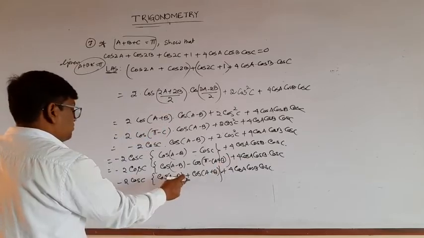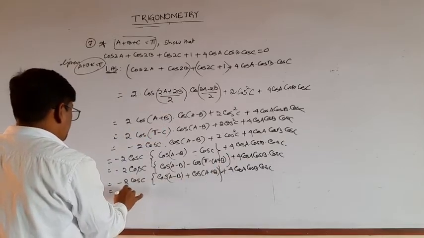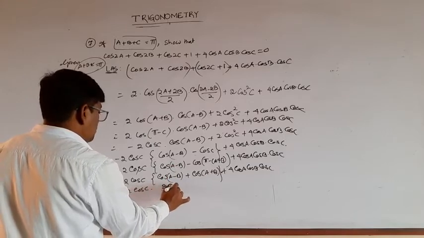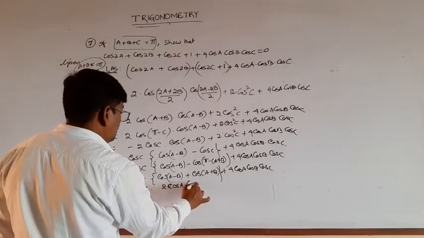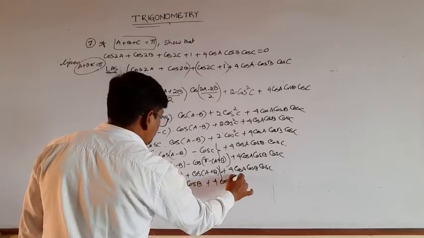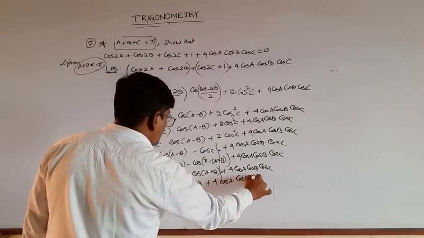Now this is the formula for 2 cos a cos b: minus 2 cos c into 2 cos a into cos b plus 4 cos a cos b into cos c.